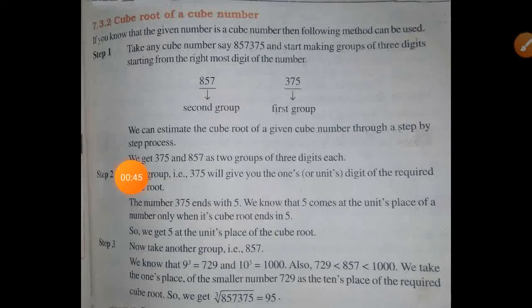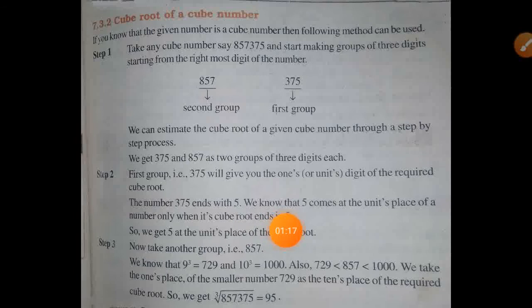We can estimate the cube root of a given cube number through a step by step process. We get 375 and 857 as two groups of 3 digits each. Step 2. The first group, that is 375, will give you the units digit of the required cube root. The number 375 ends with 5.